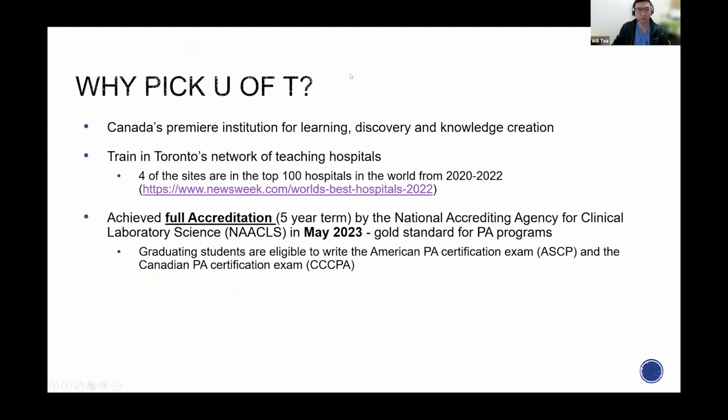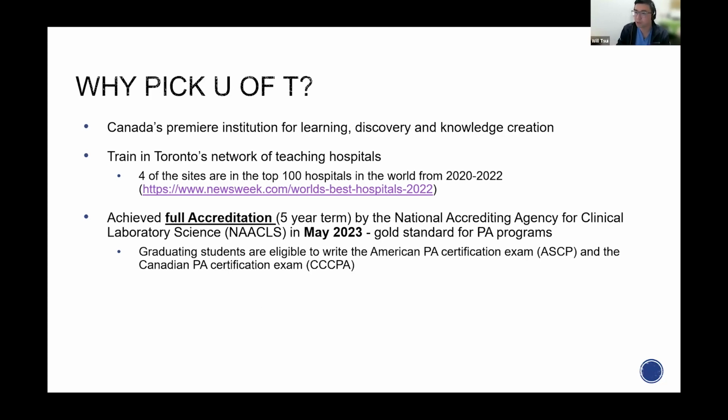So, I think I've highlighted some of the different things that set our program apart from other hospitals, our other PA programs. Being at U of T, you have access to a lot of these world-renowned pathologists that work all over the GTA. You get to be a part of the team as well when you go through your clinical rotations.